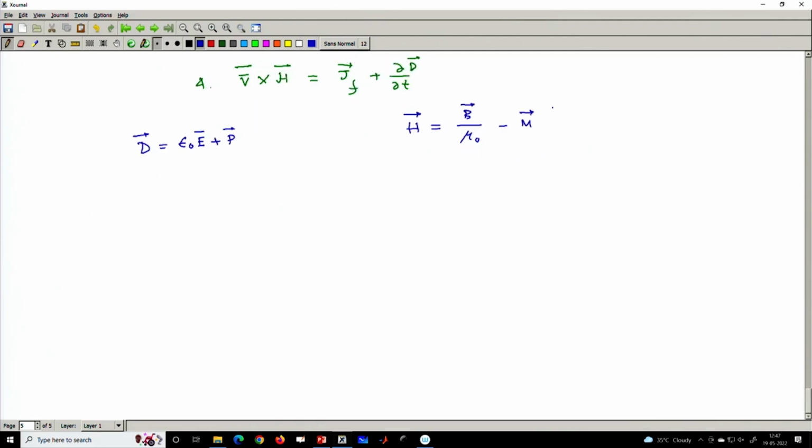So we can also write a few things, because the relationship between D and E and H and B can be written in this way.